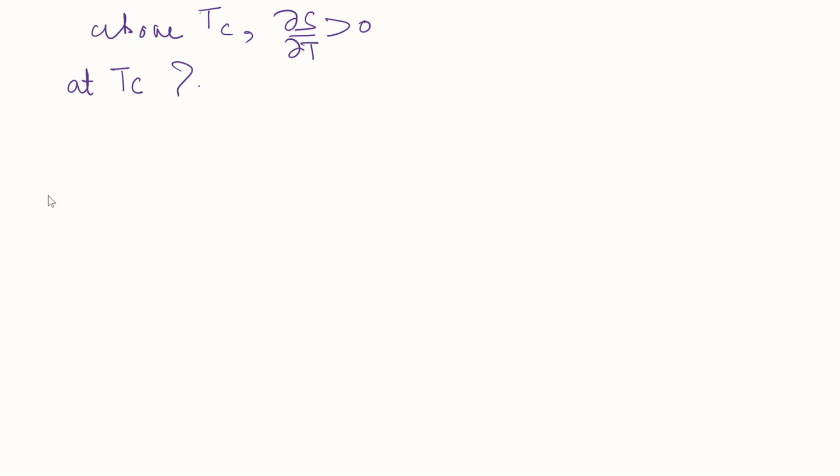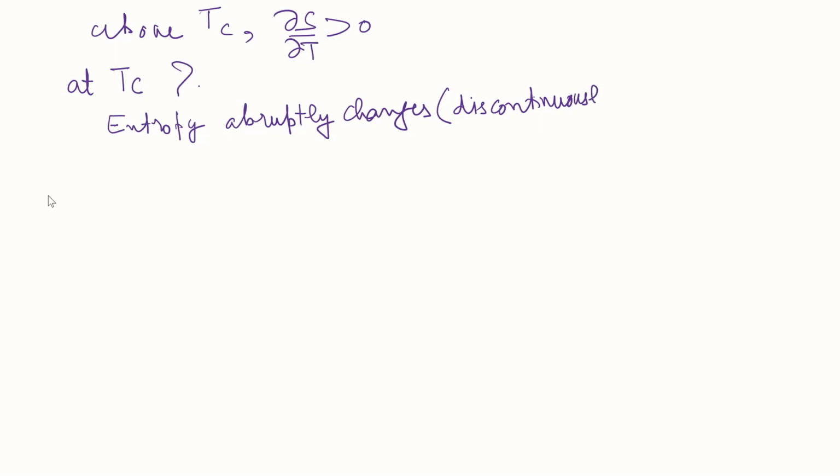Now at T equal to Tc, for such a case of first order transition, the entropy abruptly changes, or what we can say is it changes discontinuously to a new value.